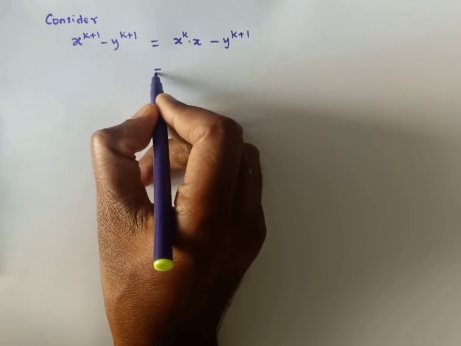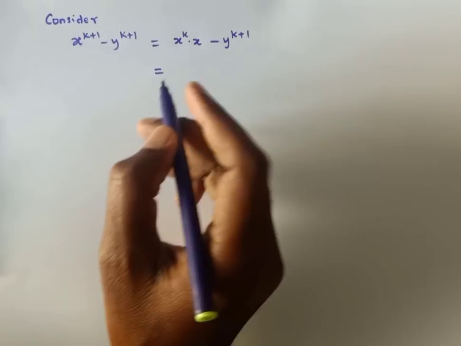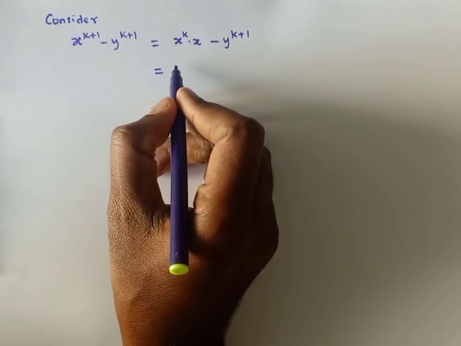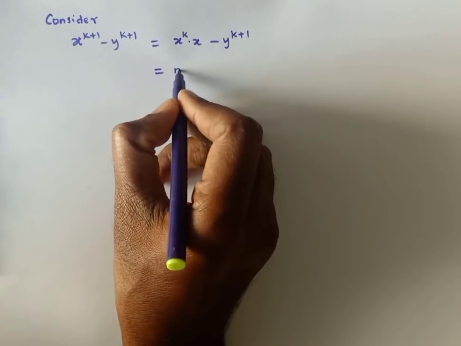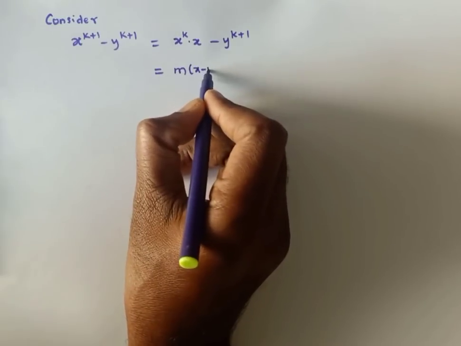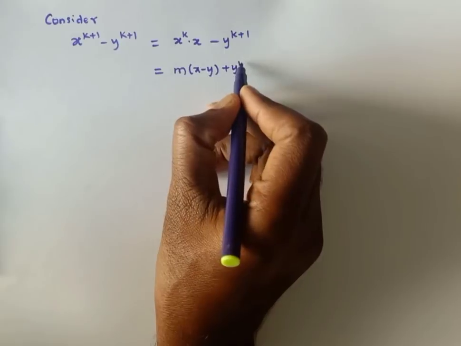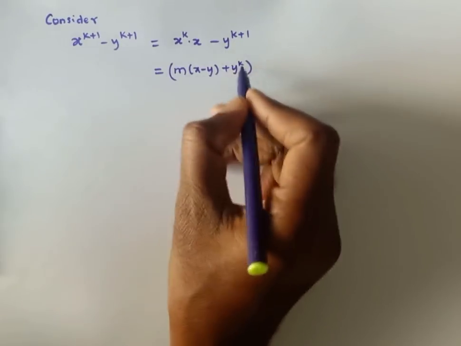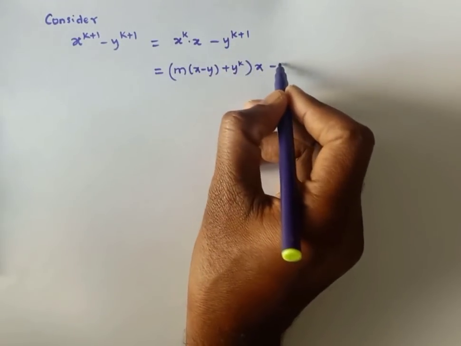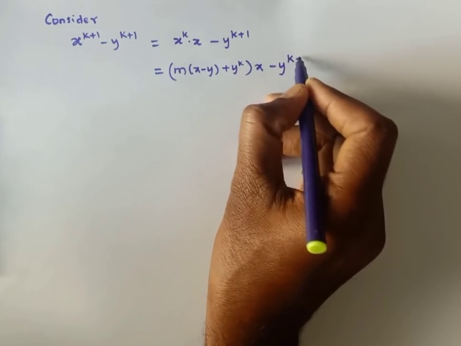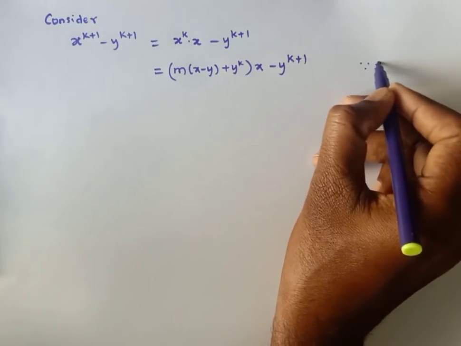From equation 1 we have x to the power of k as m times x minus y plus y to the power of k, into x, minus y to the power of k plus 1. So here I am using equation 1.